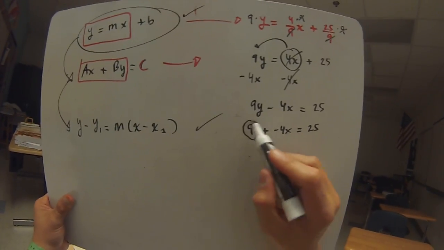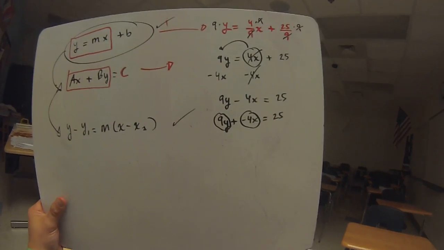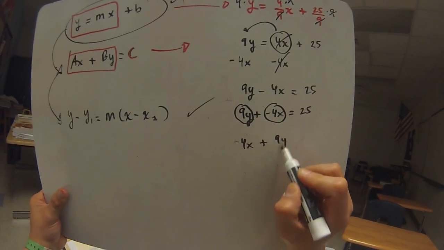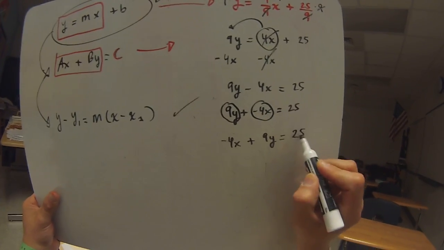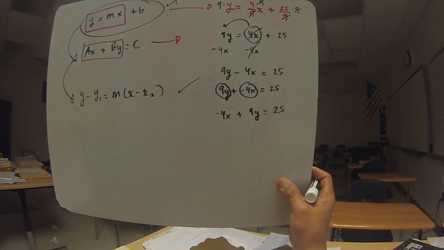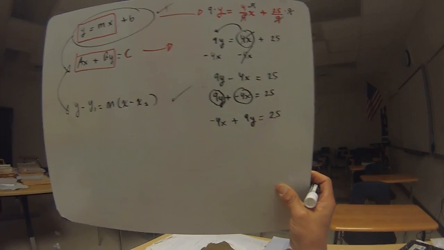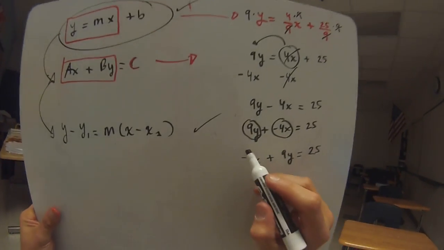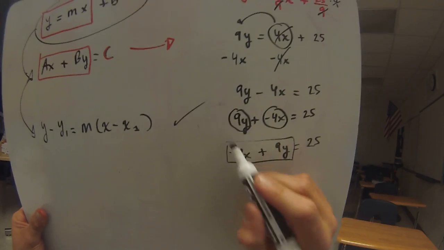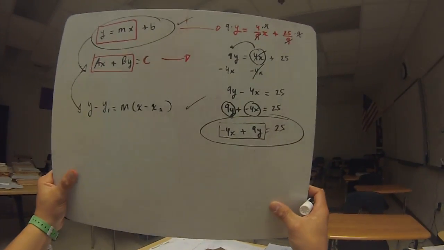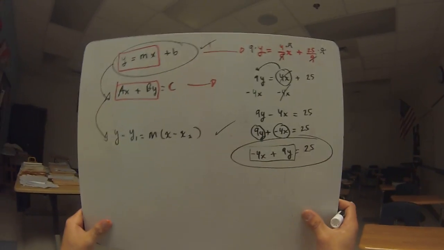The 9y and the negative 4x could be switched. So I put negative 4x first, and then 9y, because it doesn't really matter the order in which you add. The commutative property of addition says that. So you just switch negative 4x and 9y. And there's my answer in standard form. Look at it right now. There's standard form: negative 4x plus 9y equals 25.